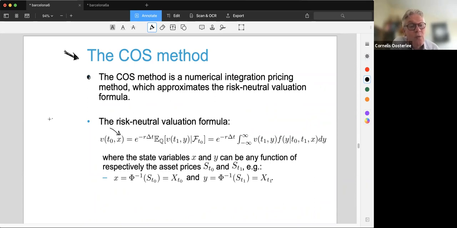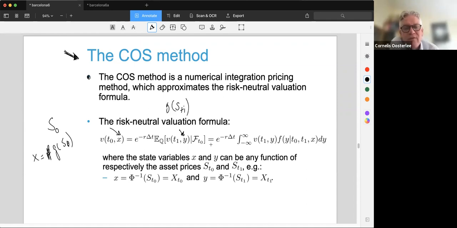I told you we use x, we use S0, but in principle x can be any function of S_t0. It is the discounted expectation under the risk-neutral measure of the value function at time t1, with as variable y, a function of S_t1.